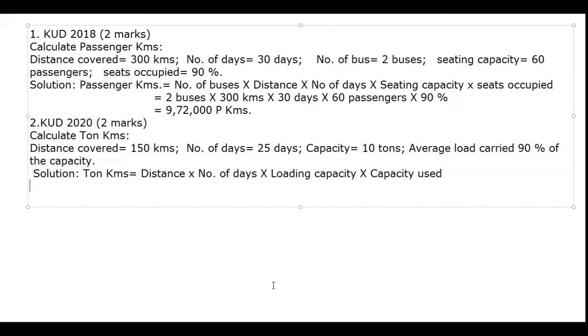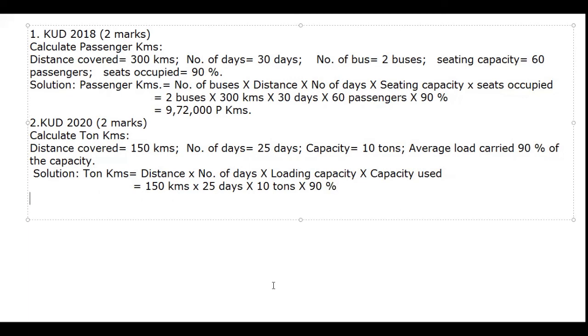Let's fill this in. It is equal to distance is 150 kilometers, it's given in the problem, into number of days, it is 25 days, and into loading capacity is 10 tons, into average load carried 90% of the capacity, that is capacity used is 90%.